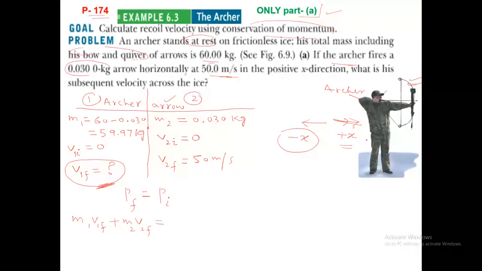Initial, when you have not fired yet, you are at rest. Your arrow is at rest. So both have 0 velocity. Initial velocity of the person is 0, he's at rest, not fired yet. And the arrow is also at rest. So multiplied by their masses, you will get 0 plus 0.